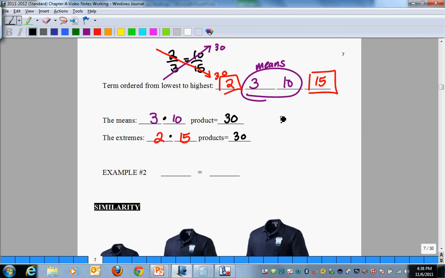So if you're going to test a proportion, the product of the extremes needs to be equal to the product of the means. The cross products must be equal.